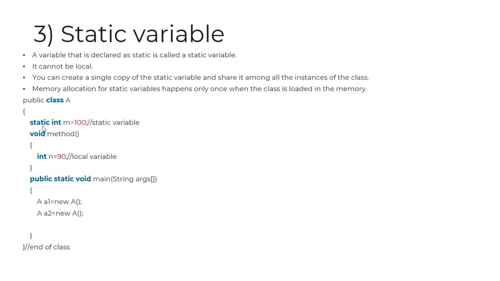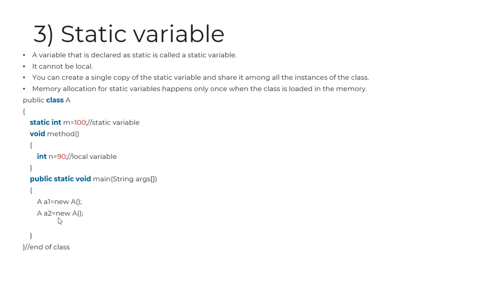A static variable is created inside a class, but it is assigned the keyword static. When you create a new object, a1 is equal to new A, at that time, when you load the class, the variable is actually created inside the heap. When you create a new object of a particular class, you use the same variable that was created in the heap, that is m.